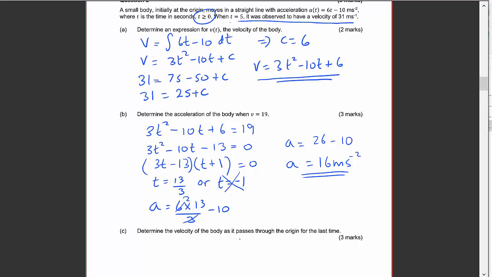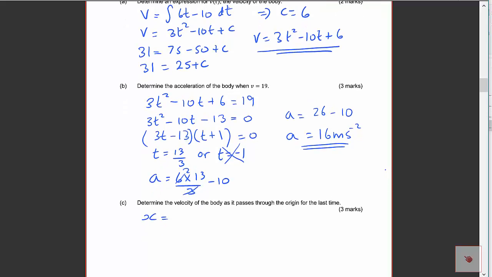Determine the velocity of the body as it passes through the origin for the last time. Well, we know that it starts at the origin. So to get the displacement, we're going to integrate the velocity.